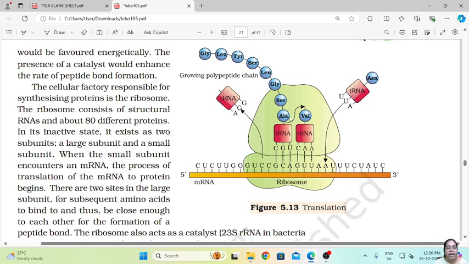Again a new tRNA will come and form base pairs, and again it will move. As it moves, it will release the polypeptide chain of amino acids, which will further form the protein. So this is the process of translation, wherein from mRNA you get the proteins.